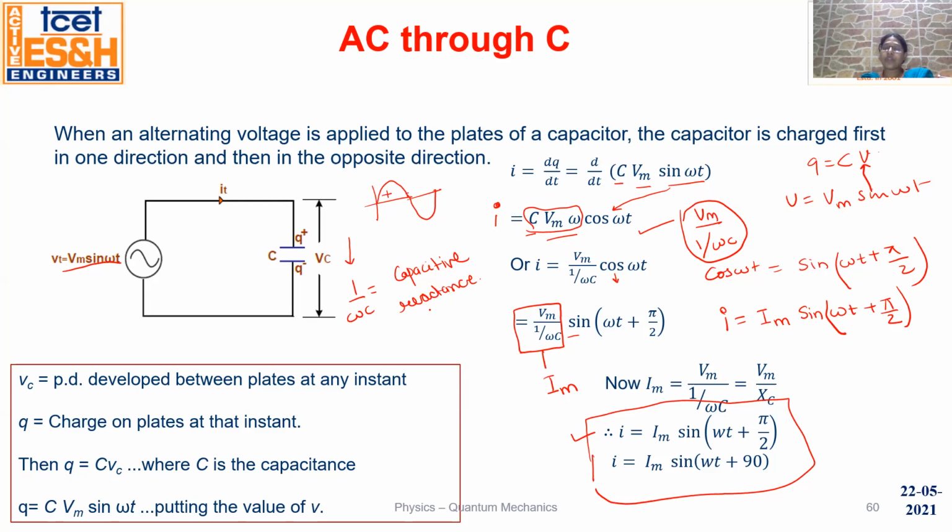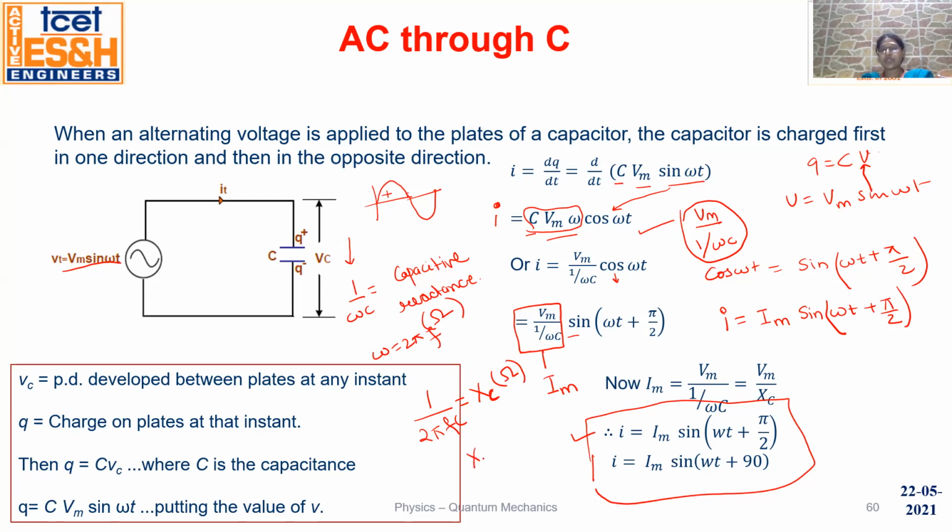The value and the unit of capacitive reactance is in ohm. And you know that omega is equal to 2 pi f. So 1 upon 2 pi fc is equal to Xc. The capacitive reactance is represented in terms of Xc, with unit ohm.